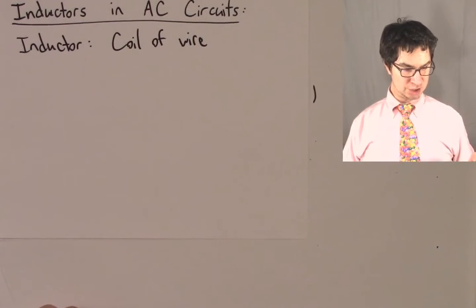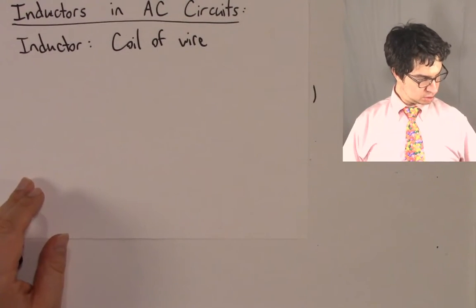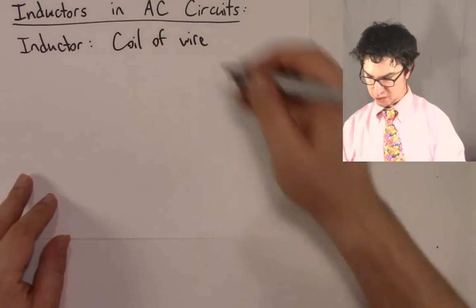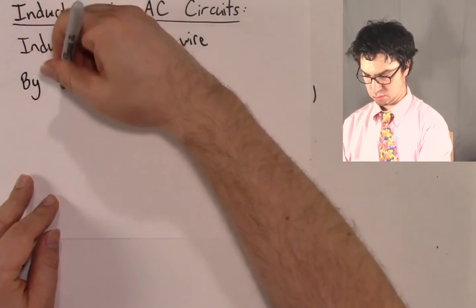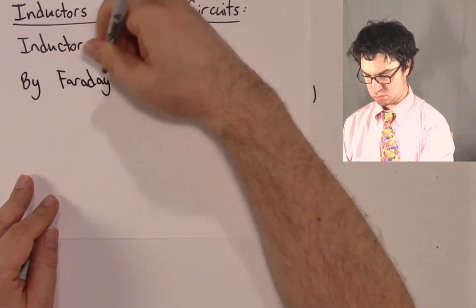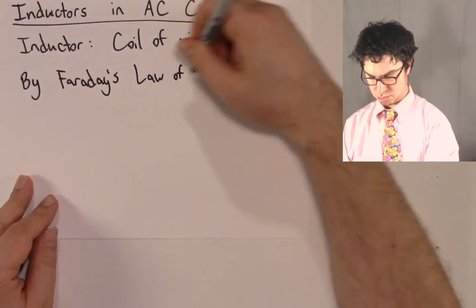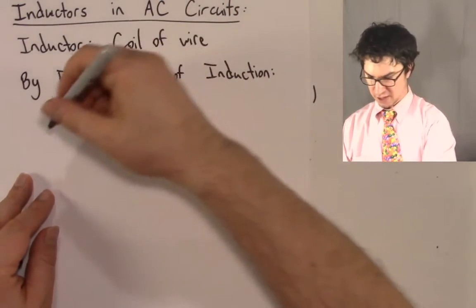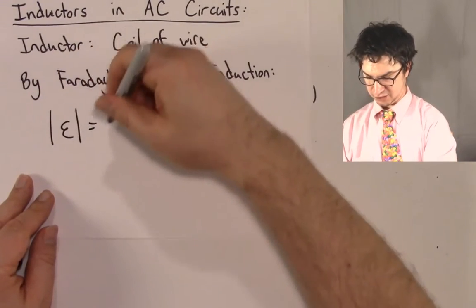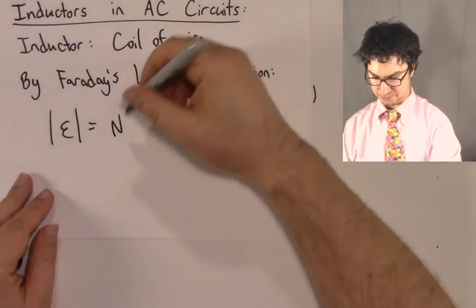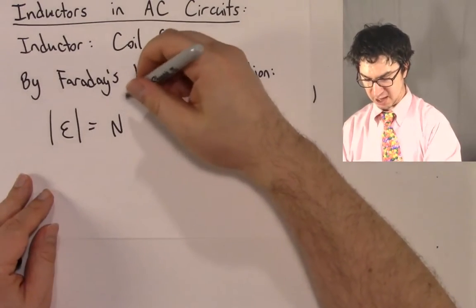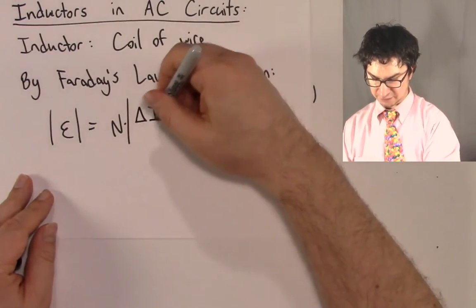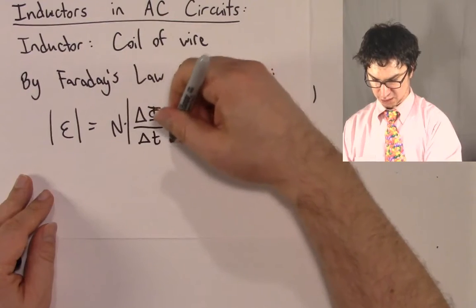So let's consider that by Faraday's law of induction, you may recall that the magnitude of the EMF is equal to the number of coils in the coil, times the magnitude of the change in magnetic flux divided by the change in time.